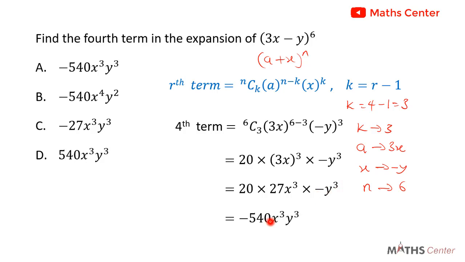And this gives us negative 540 x cubed y cubed. So in the expansion of the expression 3x minus y exponent 6, the fourth term will be negative 540 x exponent 3 y exponent 3. When we look through the options, we can see that the correct one is A. Let's look at the next question.